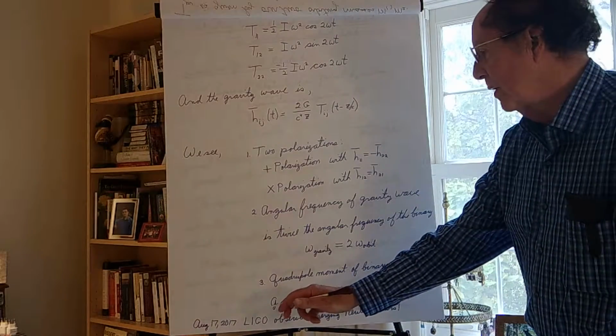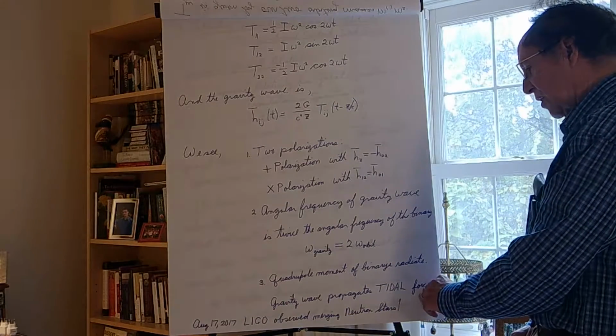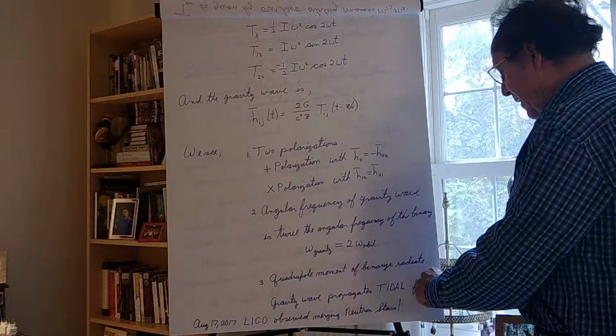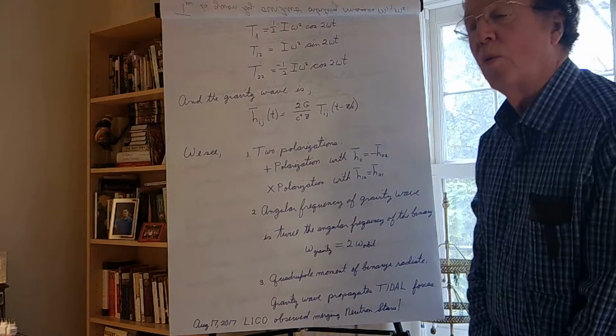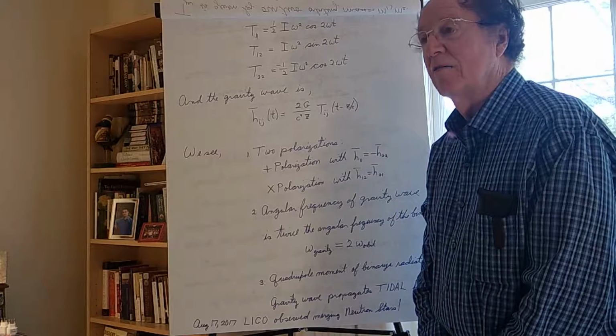I remind you, on August 17th, 2017, LIGO observed merging neutron stars, and that was particularly interesting. Neutron stars are not quite black holes. They're not quite massive enough for it, so they don't have event horizons.